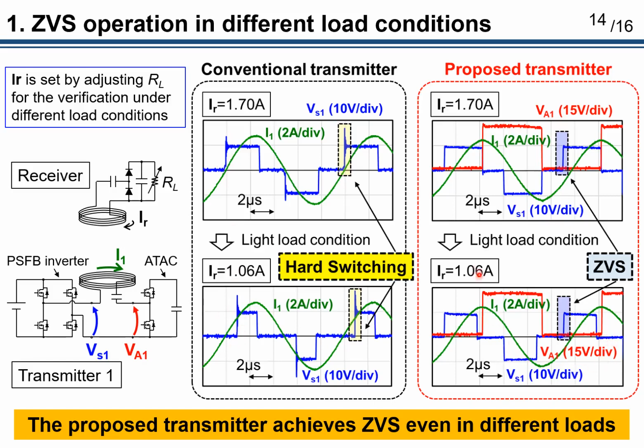However, in the proposed transmitter, I1 is orthogonal to vA1, and the phase difference between the rising edge of vS1 and I1 is constant in both load conditions. Therefore, the proposed transmitter achieves the ZVS even in different load conditions.